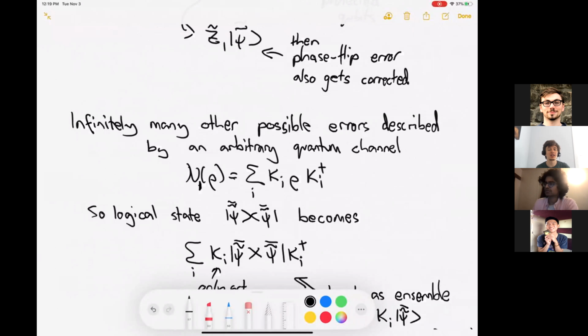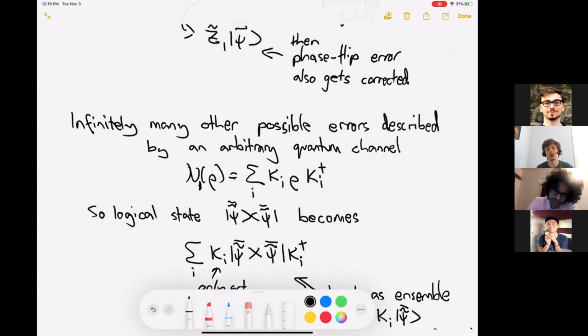So a more sophisticated model would be to assume that you have uncorrelated errors happening to each qubit, and each of those uncorrelated errors is like uncorrelated channels. It's a product of channels on each of the qubits, and each of those channels is mainly the identity.